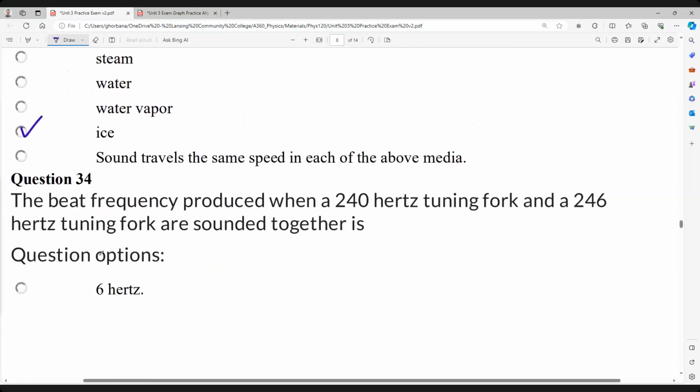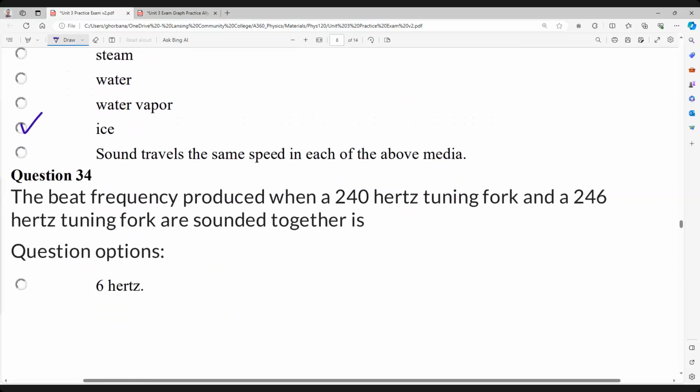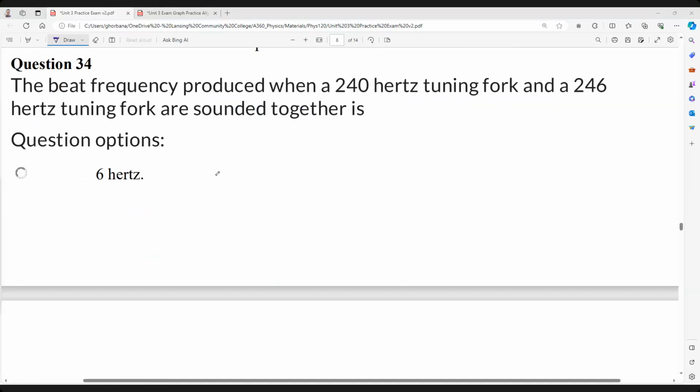So 34. The beat frequency produced when a 240 hertz tuning fork and a 246 hertz tuning fork are sounded together.